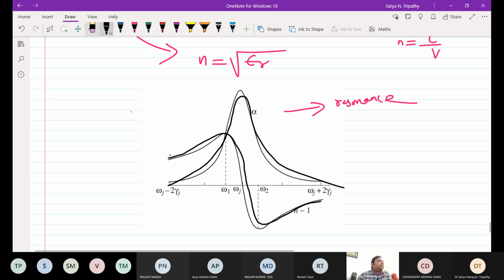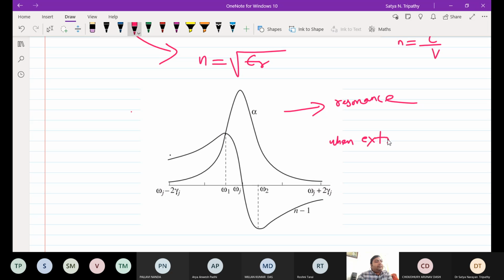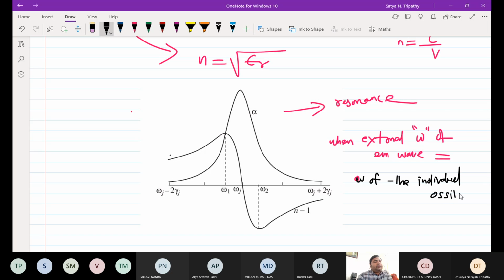This is the picture of resonance: when the external omega of the EM wave is equal to the omega of the individual oscillator, then resonance happens.